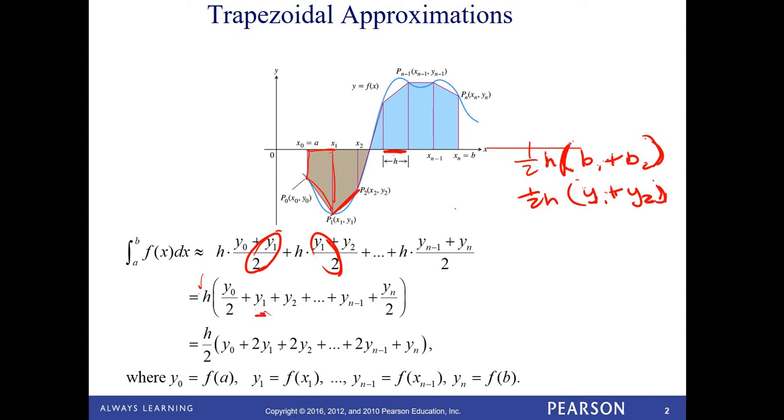And then by pulling out the 2, we can just use y sub 0, 2y1, 2y2, etc., until we get to y sub n. So this is the formula we're going to be using for our trapezoid approximations.